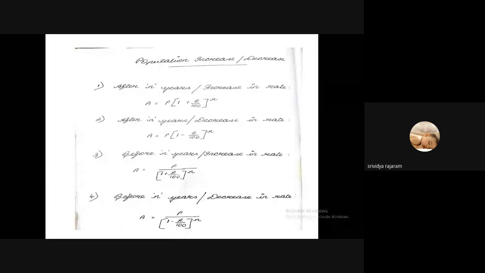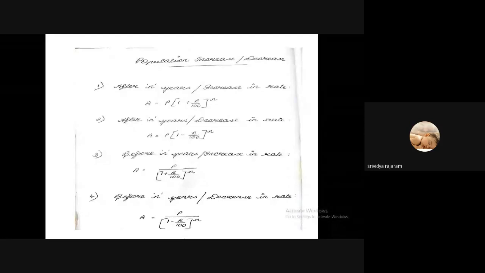Okay, let me proceed. So, how to apply this compound interest formula in order to find a population increase or decrease in a country: basically there will be only two kinds of problems. One is they'll give the population of this country as this much in this year, and ask what the population will be after 3 years or after 5 years.